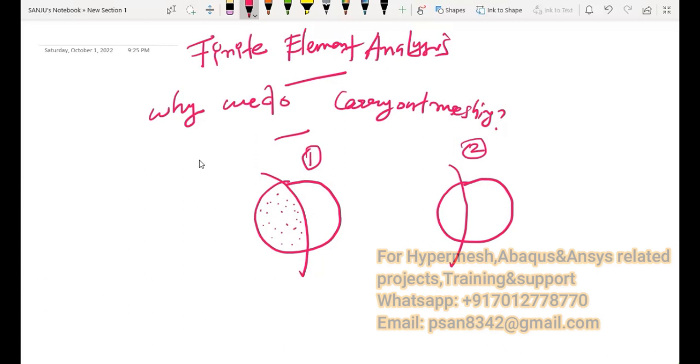So if I want to make any equation based on the first continuum, what are the parameters that I require? I need to get the number of points here, then the degrees of freedom also I need to get.